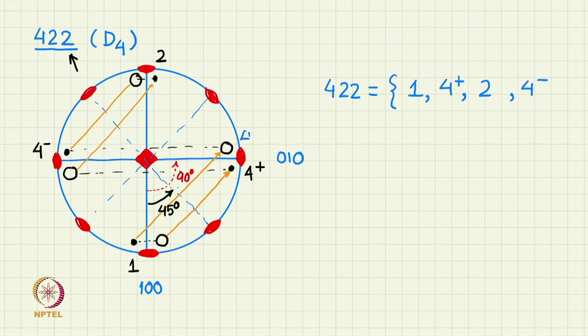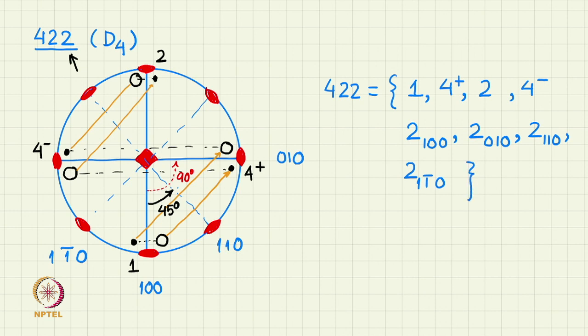That is 4 plus, we have already written 1, 4 plus, 2 and 4 minus, and then there is a twofold rotation about 1 0 0, a twofold rotation about 0 1 0, a twofold rotation about 45 degree along 1 1 0, and a twofold rotation about 45 degree the other way, which direction we can call 1 bar 1 0. So 8 operations, it is a group of order 8.